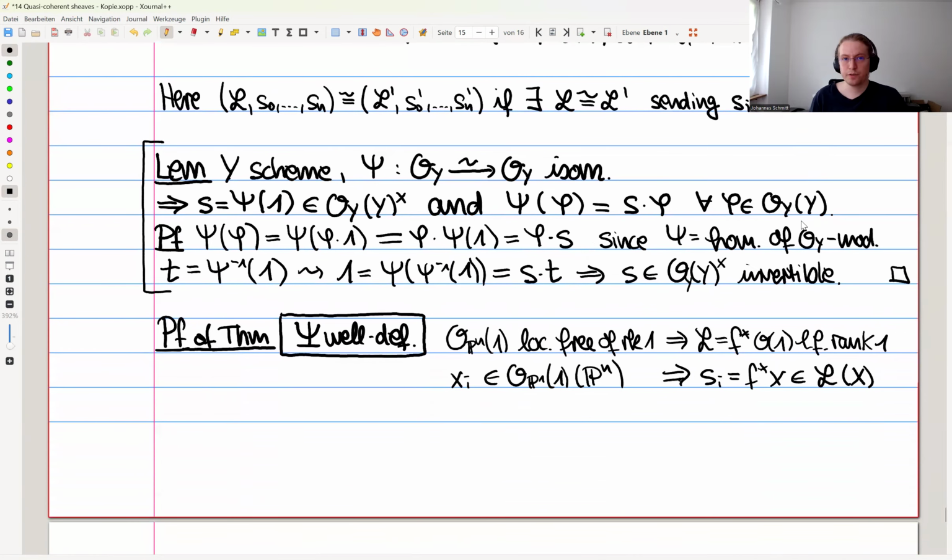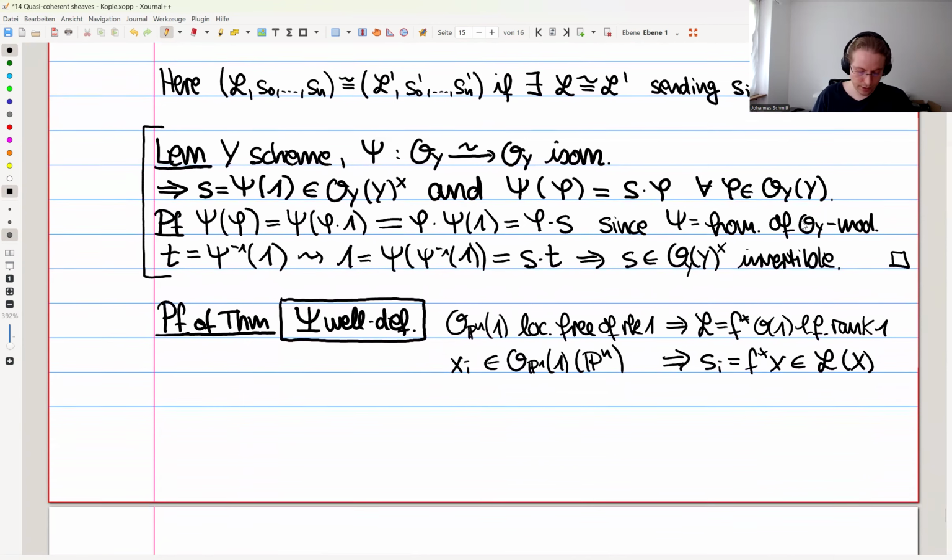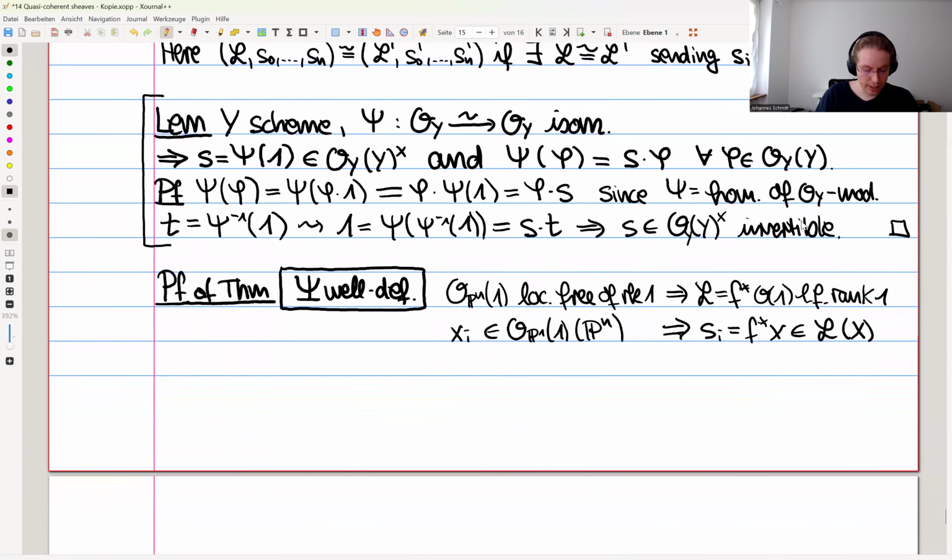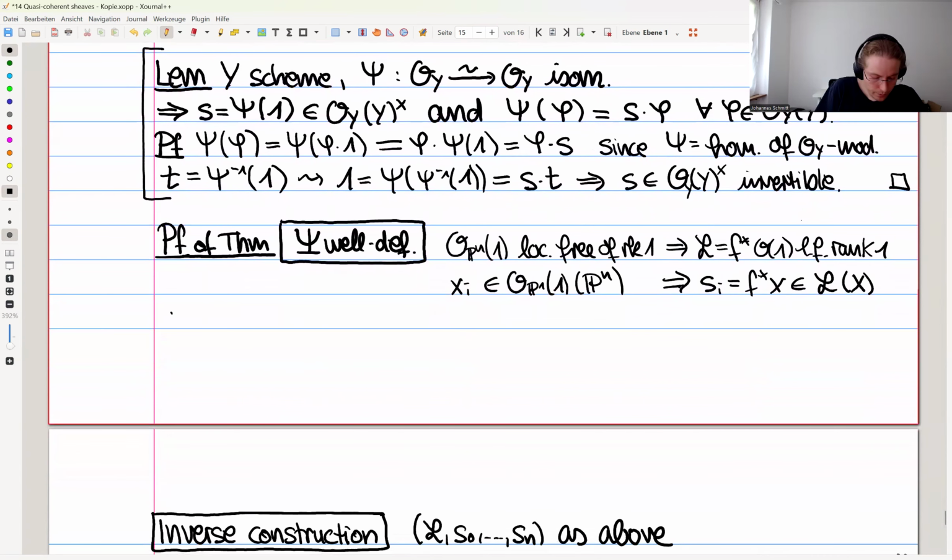And this comes, of course, from the fact that in P^n, not all the coordinates are allowed to vanish at the same time. To make this precise, let's assume we had s_i(p) equal to 0 in the fiber of L at p, which is the same thing. So the fiber of the pullback line bundle at a point is the same as the fiber of the original line bundle at the target point, right?